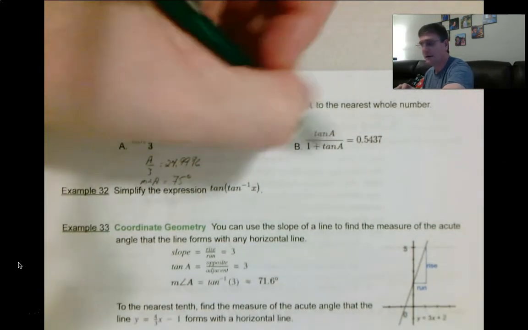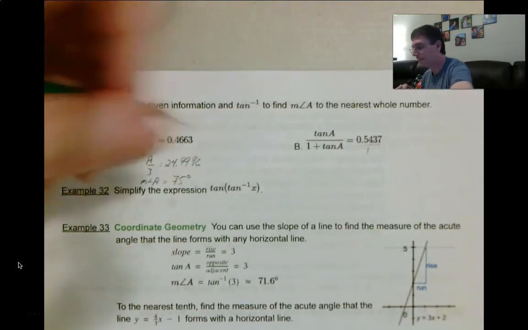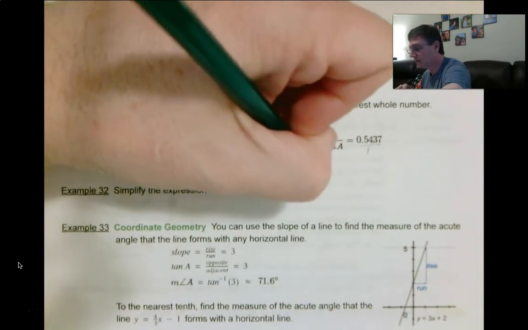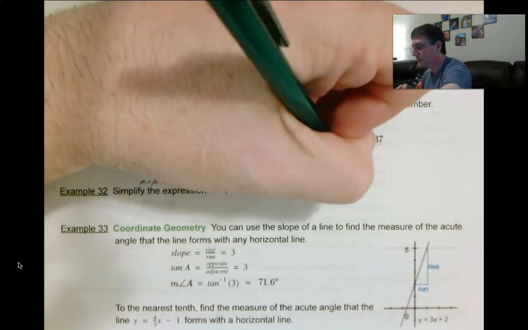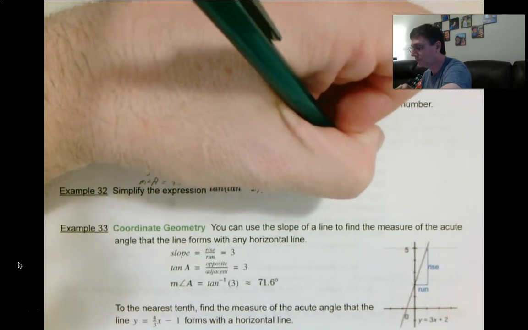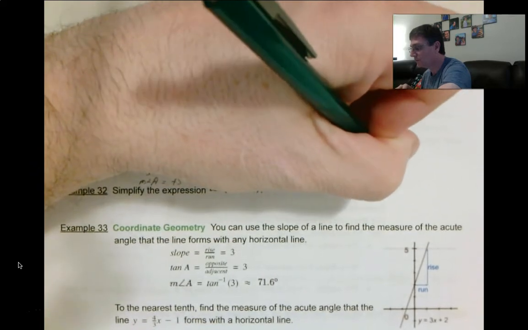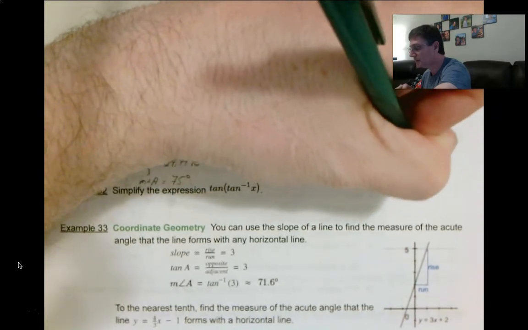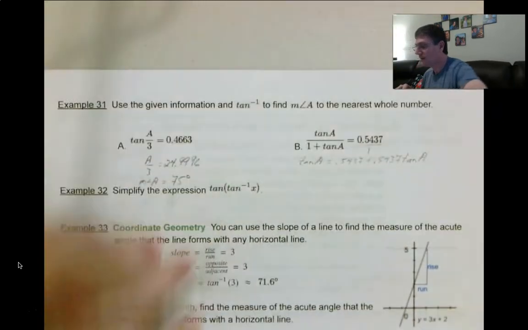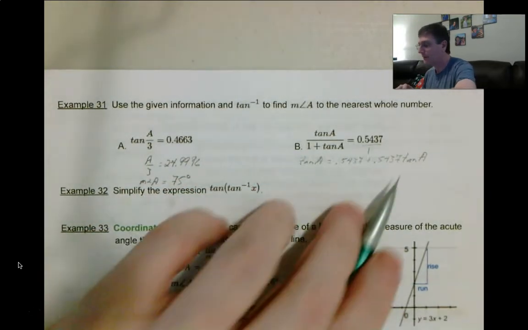Okay. Here, cross multiply. That's all for 1. Tan of angle A equals 0.5437 plus 0.5437 tangent of A, when I distribute the 0.5437 through this denominator.